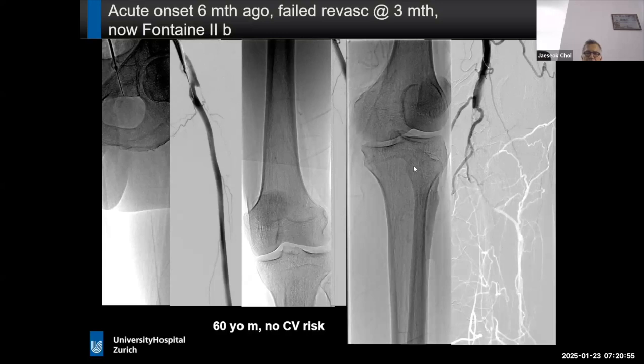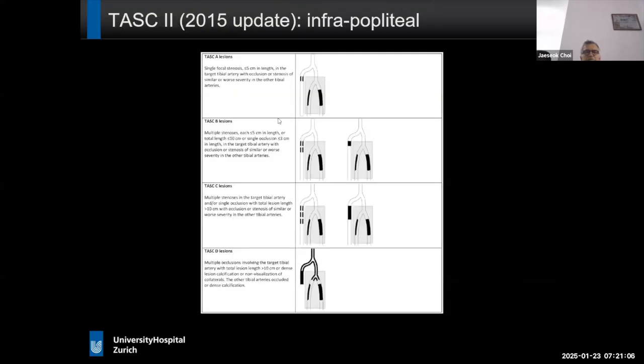So at about 3 months, a colleague tried to reopen that artery and failed, and then finally he was referred to us. Again here, TASC D lesion, it would be this here, occlusion of all 3 arteries and stenosis.